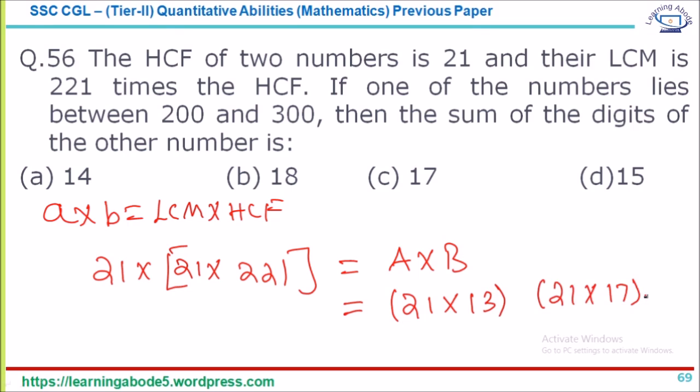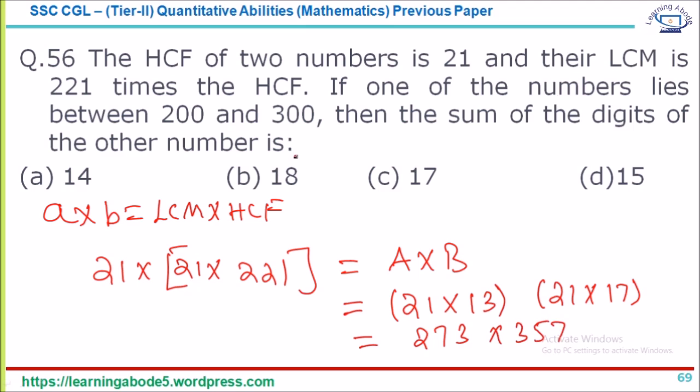So what is 221? It is 13 into 17. So one of the numbers is 21 into 13 and the other number is 21 into 17. So that's equal to 273 and 357.